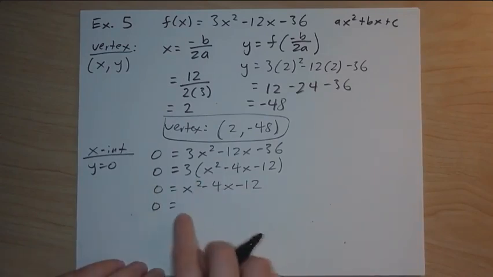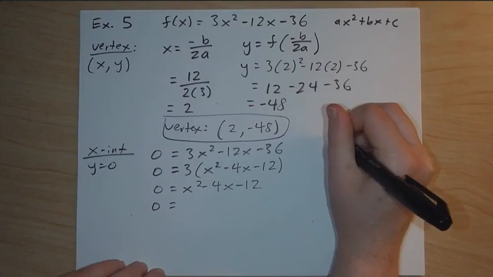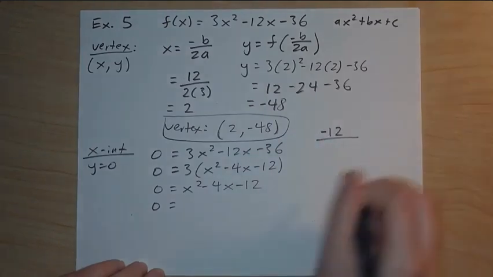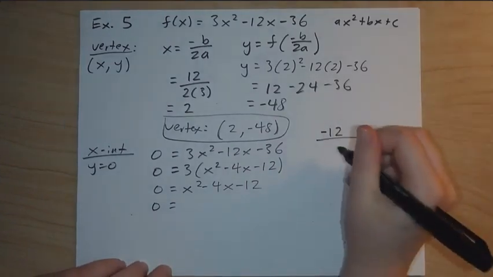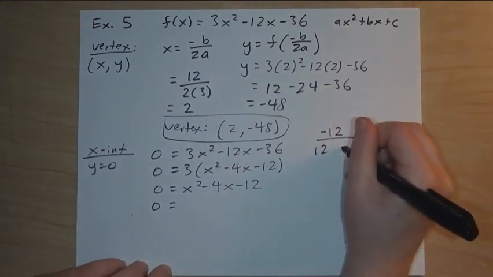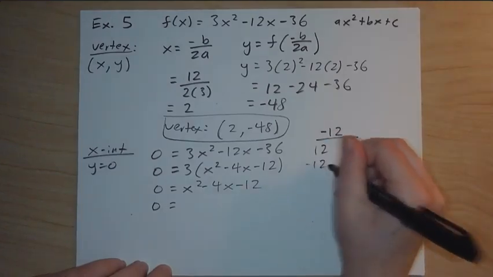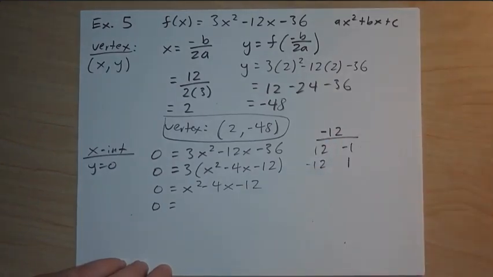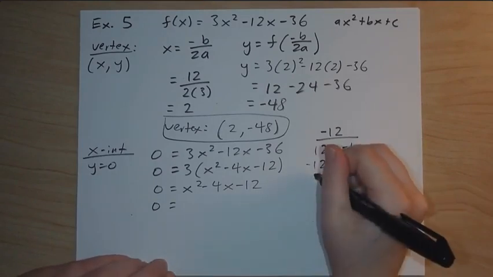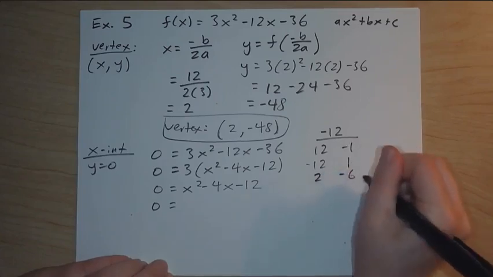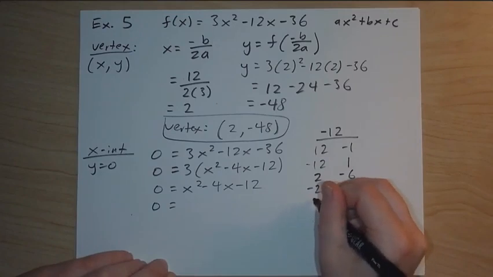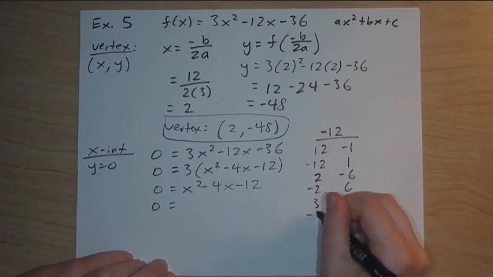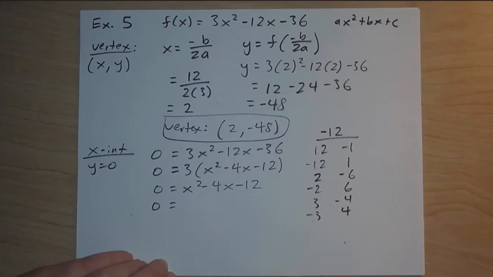So we're going to look for all of the factors of negative 12 that add to negative 4. So negative 12, we have positive 12, negative 1, we have negative 12, positive 1, we have positive 2 and negative 6, we have negative 2 and positive 6, and we have 3 and negative 4 and negative 3 and positive 4.